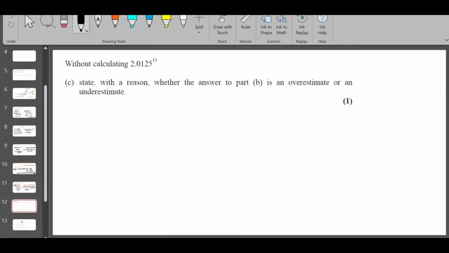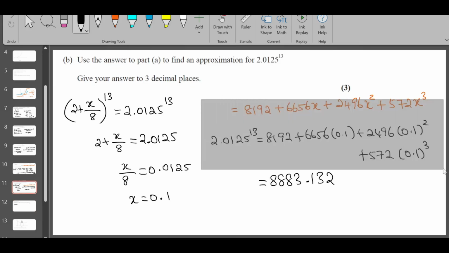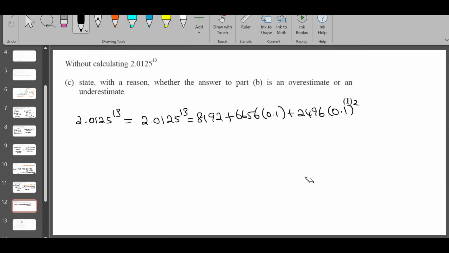Part C now. Without calculating this, state with the reason whether the answer to part B is an overestimate or an underestimate. Okay. How did we get the answer in part B? We sub in x is equal to 0.1 in this expansion here, right?